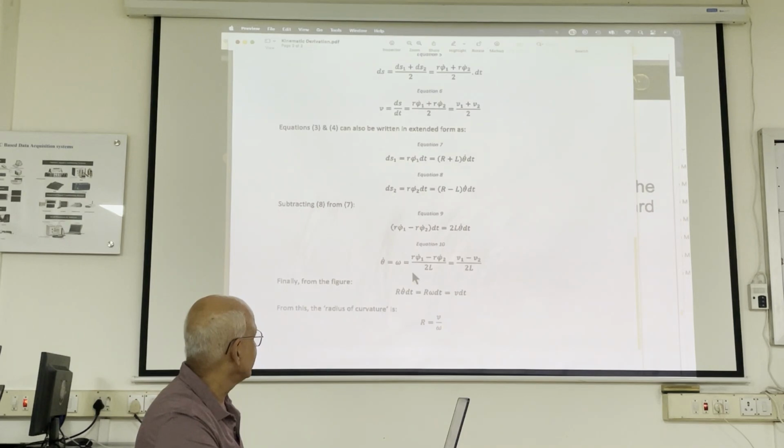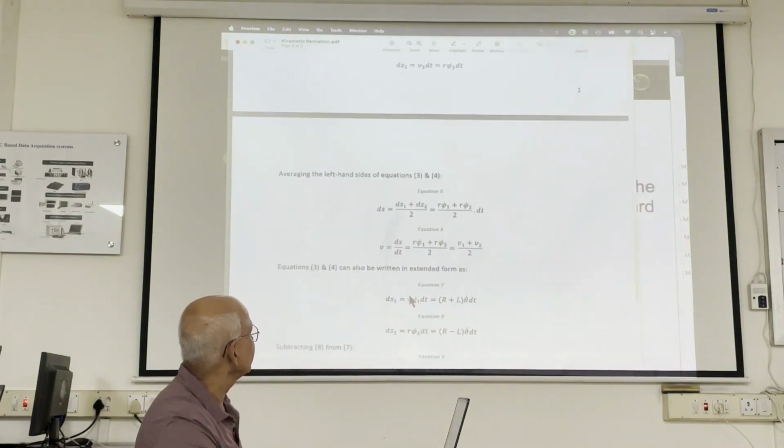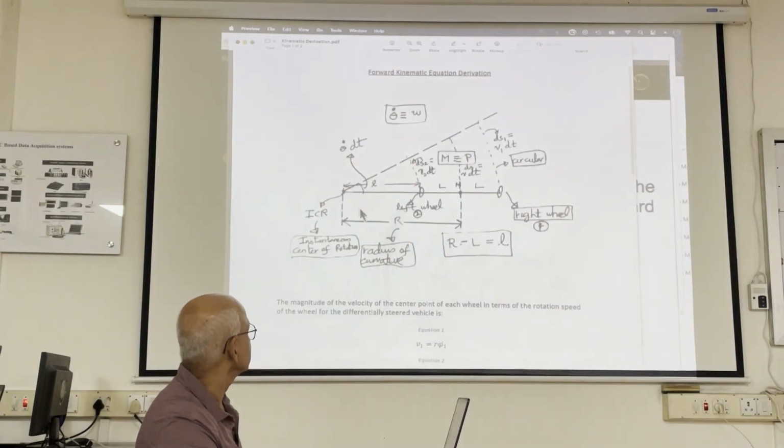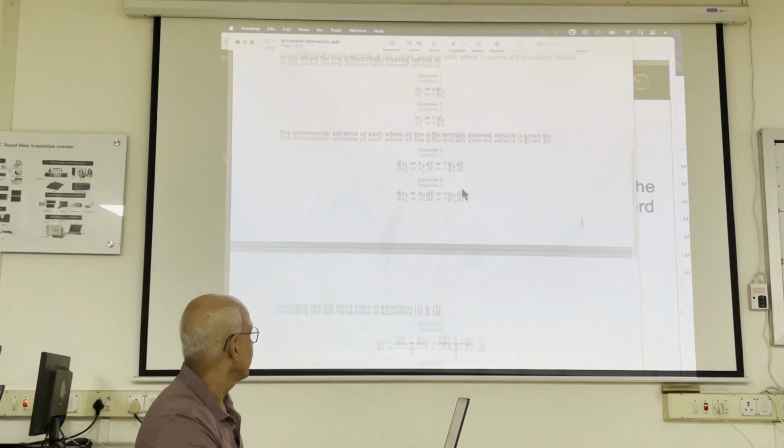Also, from the figure, there's one more angle thing that we did not do. Look at this. This is R, right? Isn't R times theta dot dt equal to this R here? We did it for the left wheel and the right wheel, but what about R times theta dot dt?